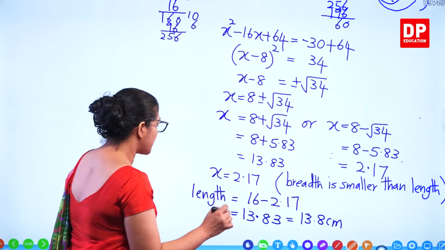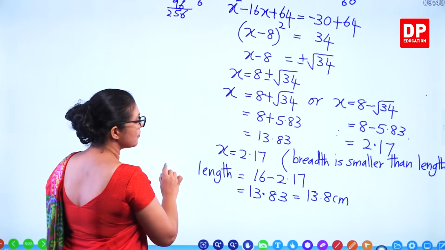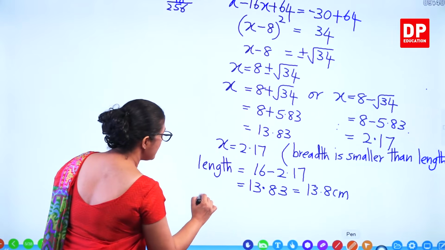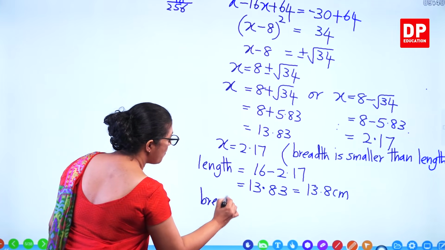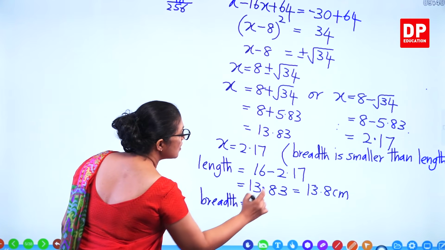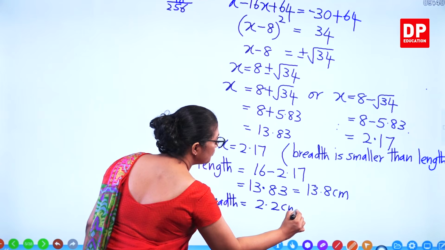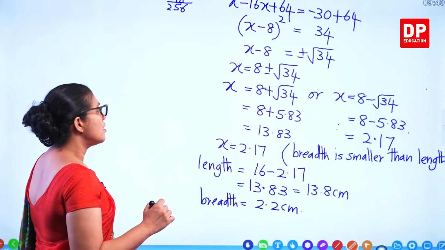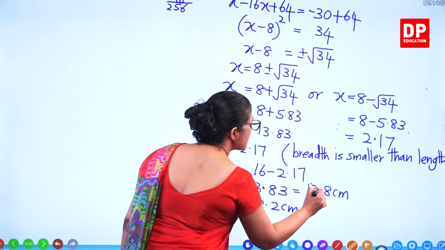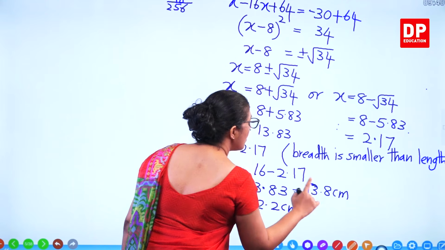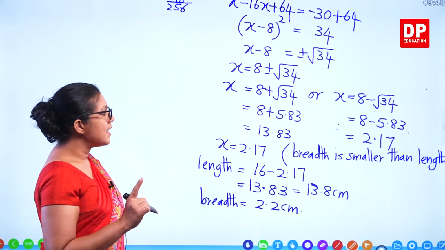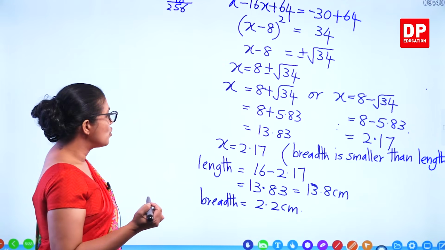And what's the breadth? Correct to one decimal place, the breadth becomes 2.2. So those are the two answers: length becomes 13.8 and breadth is 2.2.